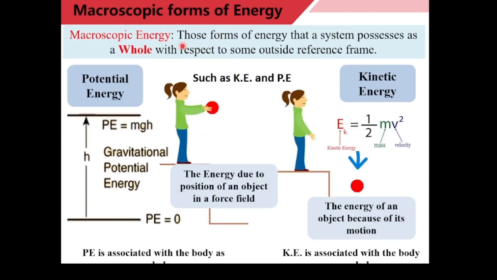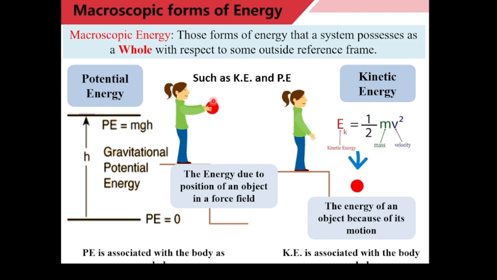These forms of energy are called the macroscopic forms of energy: those forms of energy that a system possesses as a whole with respect to some outside reference, such as kinetic energy and potential energy. It means these energies are associated as a whole with the body. We consider that this energy is of this ball.